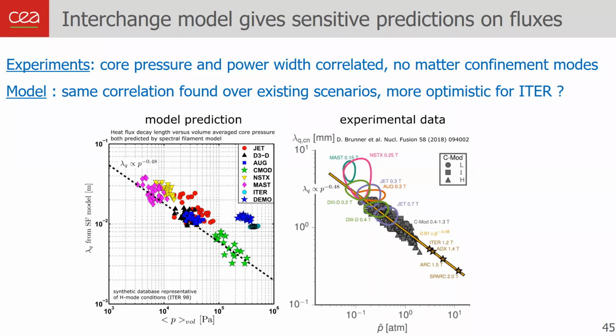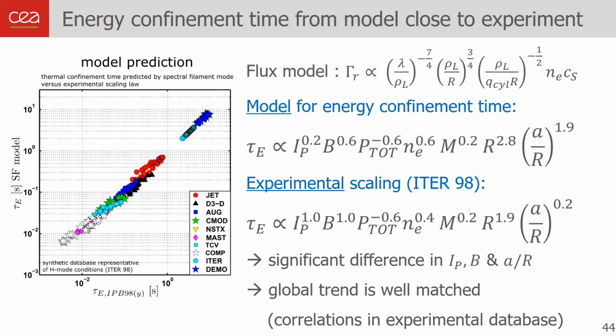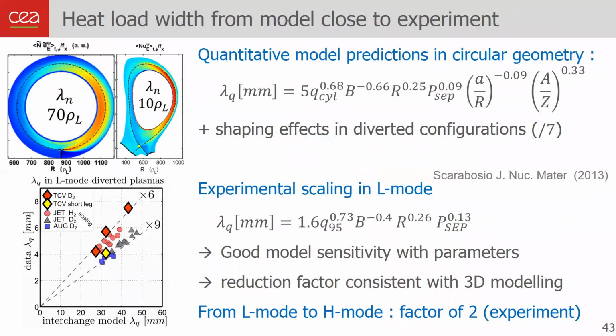So Guillaume, do you still have a question? Yeah, I have. Go ahead. Coming back to where you were showing, in the limiter you had something for the scrape-off layer like 70 normal radii and the diverted one 10 normal radii.